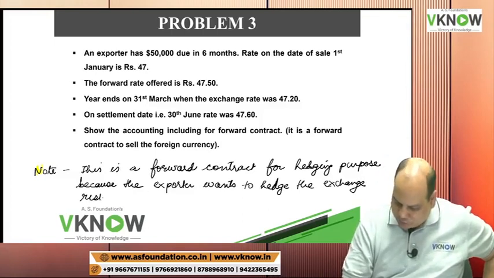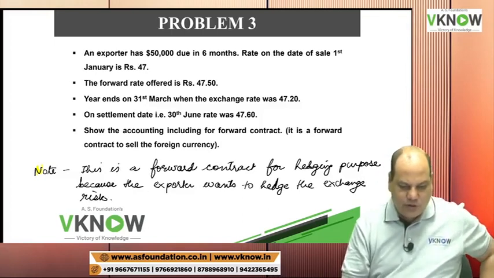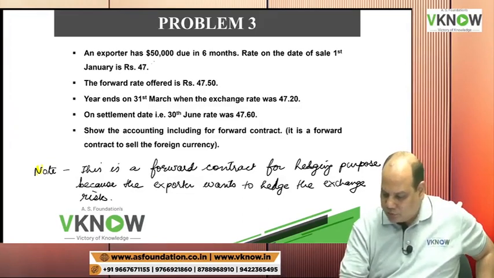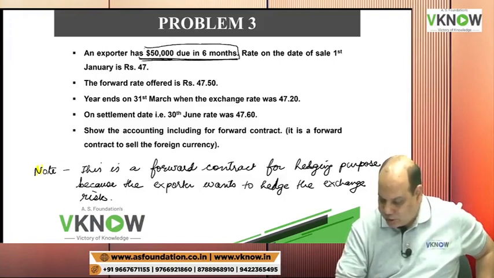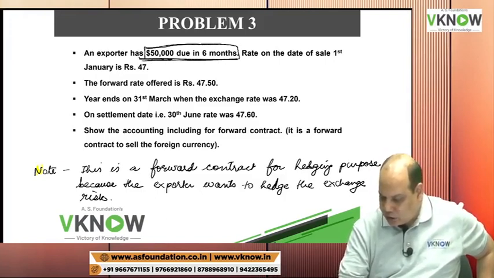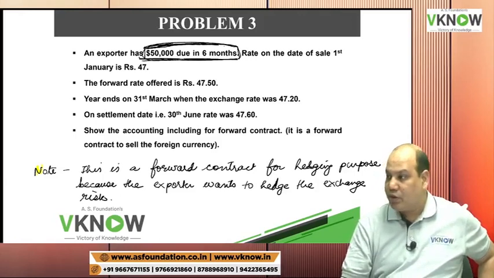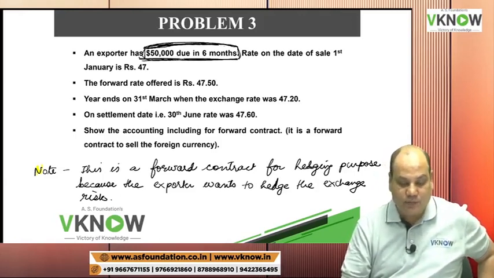There is a real risk here. He is going to receive dollars after 6 months. The dollar rate can change, and if the dollar rate changes, the exporter can suffer a loss, and therefore he wants to hedge himself.